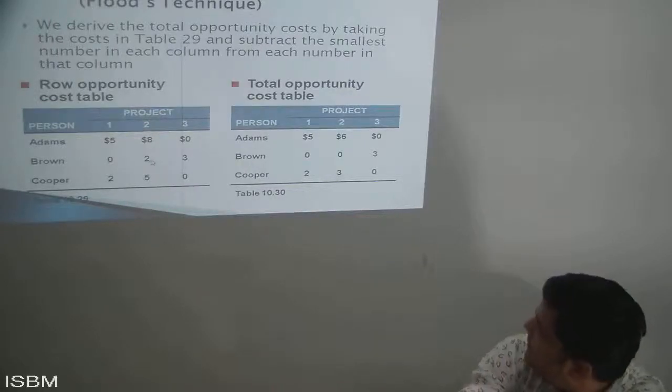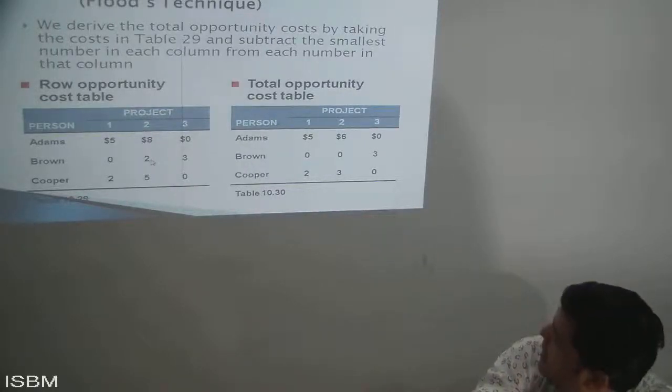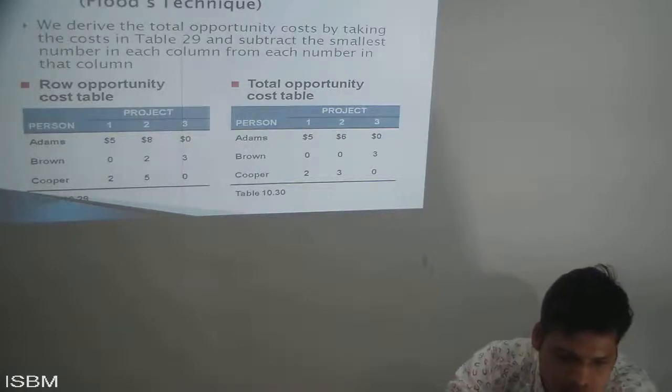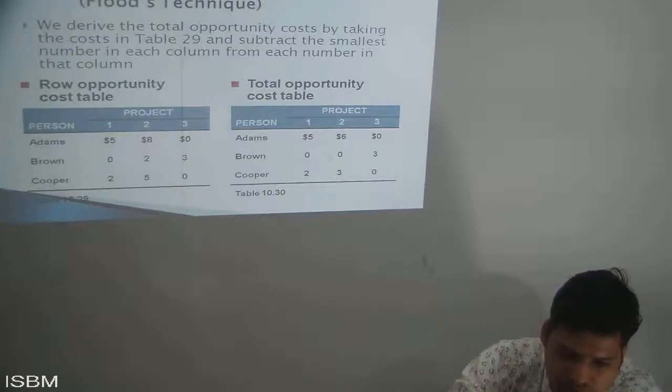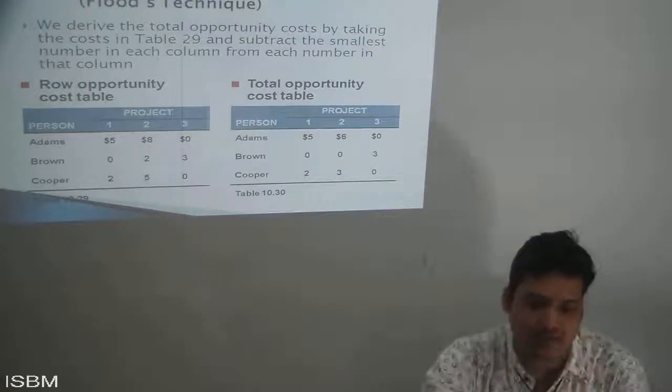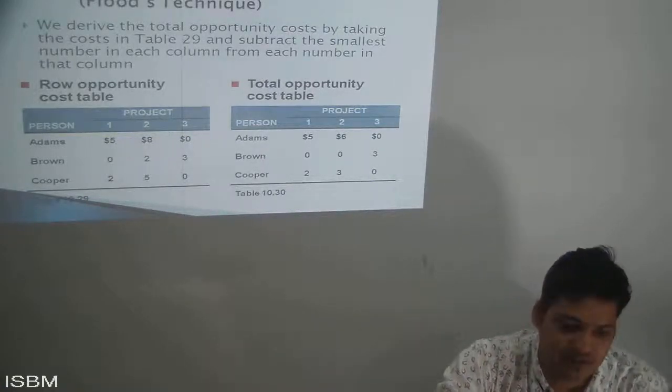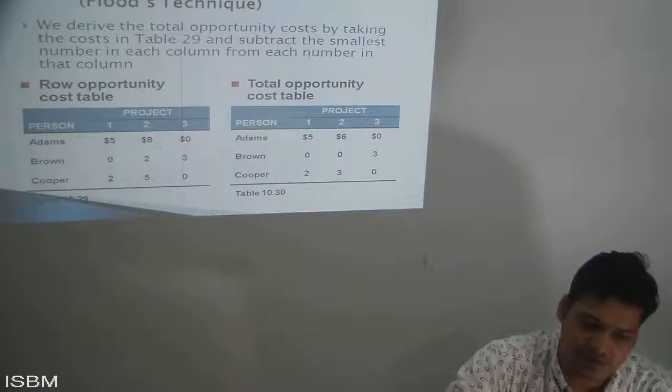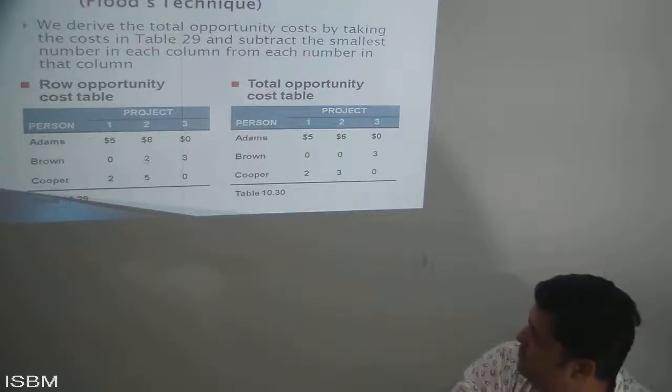What happened? You can see over here, they have subtracted from each row. Now this middle column has no 0, so they have subtracted 2 from this column.